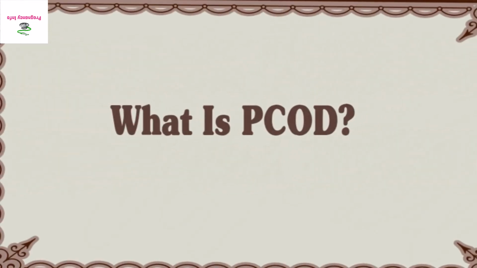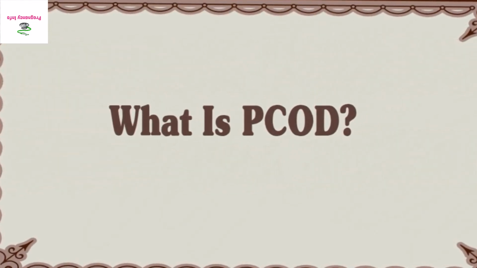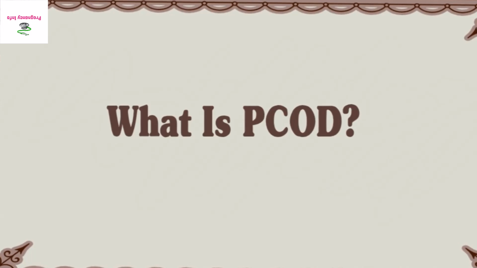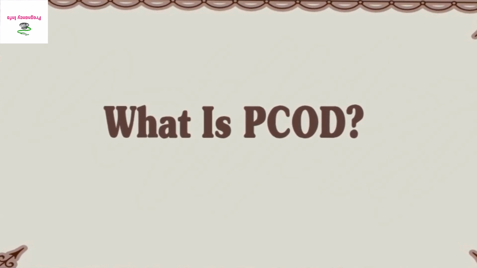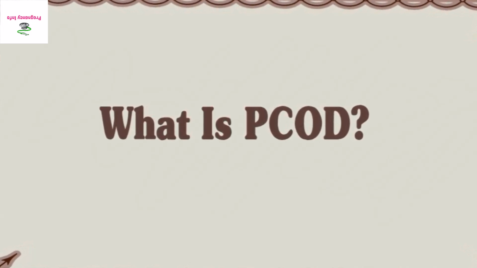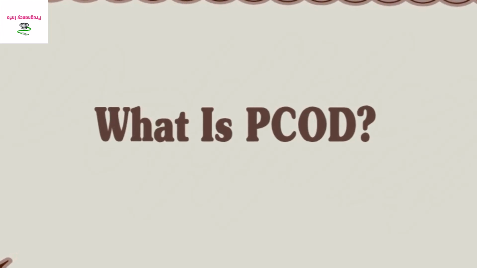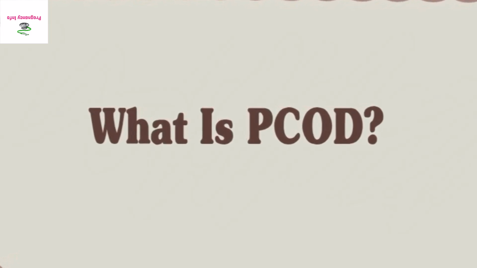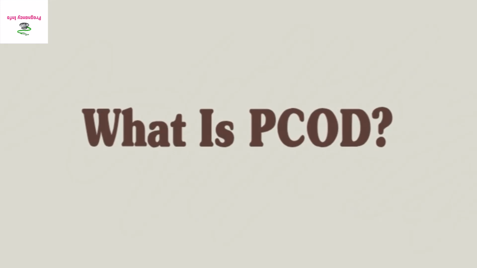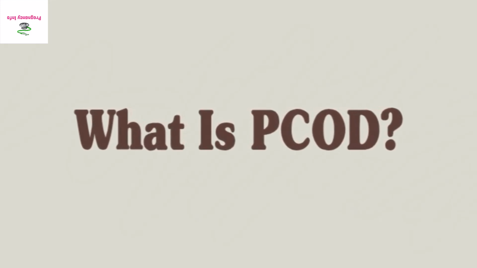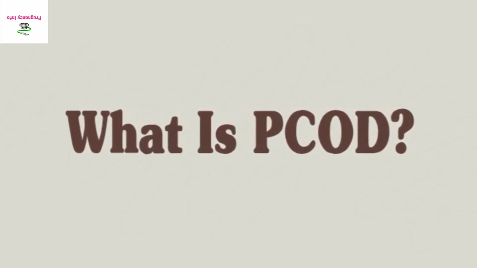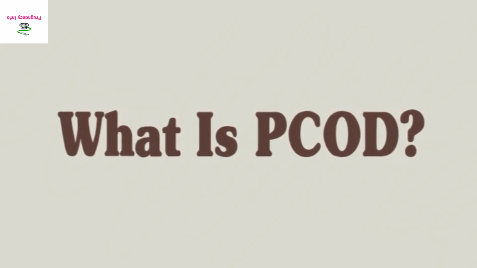Number 1. What is PCOD? PCOD, called polycystic ovarian disease, is a condition where the ovaries contain multiple immature eggs which later get converted into fluid-filled spaces called cysts. This condition is mainly hereditary and is passed from mothers through generations.